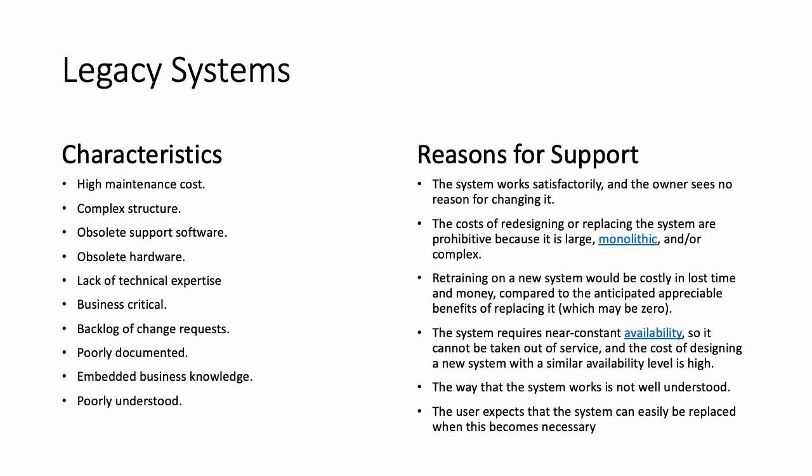Some of the things to look at when you're thinking about legacy systems, if you happen to have the misfortune of getting dropped into an organization where you've got to manage a legacy system, is typically very high maintenance costs. If there weren't high maintenance costs, you probably would have pulled the plug and gotten off of it anyway. So they're legacy systems because they have high maintenance costs and we can't get off of them. They have complex structure. They have obsolete support software. Sometimes the companies are gone.